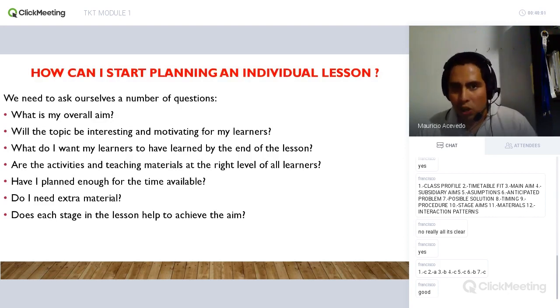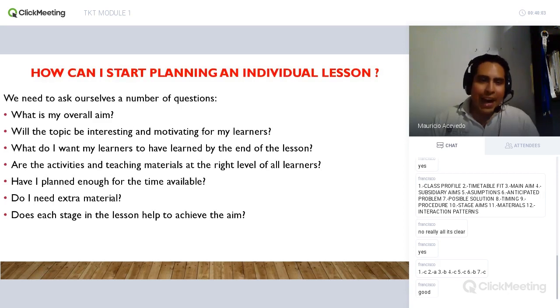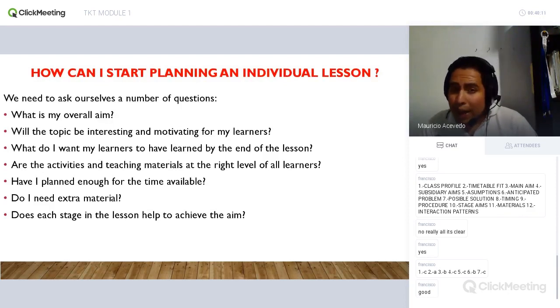So I think that it's correct. But if I have, let's imagine, a C1 level, this is not correct. Not even the aim, because for C1, maybe producing them, maybe writing a letter or something in which they use the regular and irregular, but not for checking the differences. This is for basic levels.